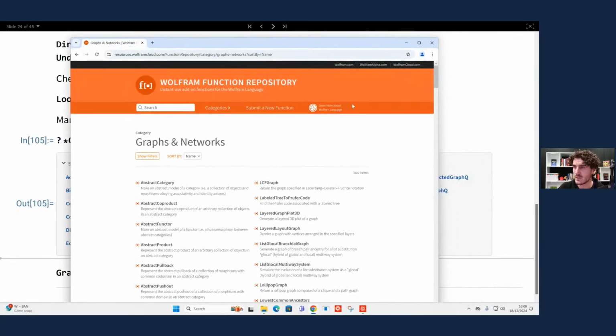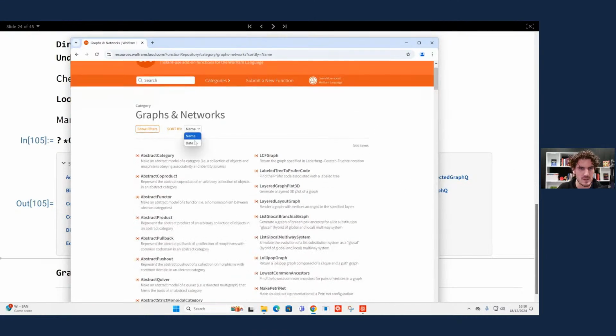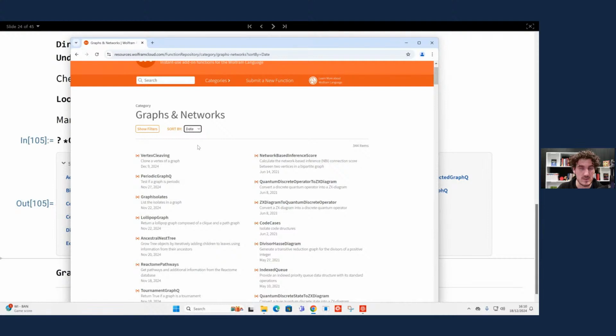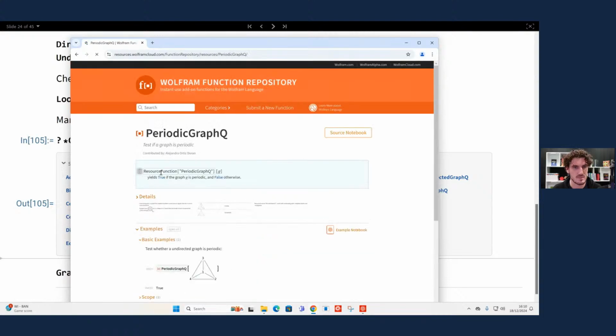Here's the function repository categorized as the graphs and networks. And then I can sort by date. So these are, like this one was contributed last week, for example. Here's a periodic graph Q, just what I was saying, last 3 weeks ago by Alejandra.